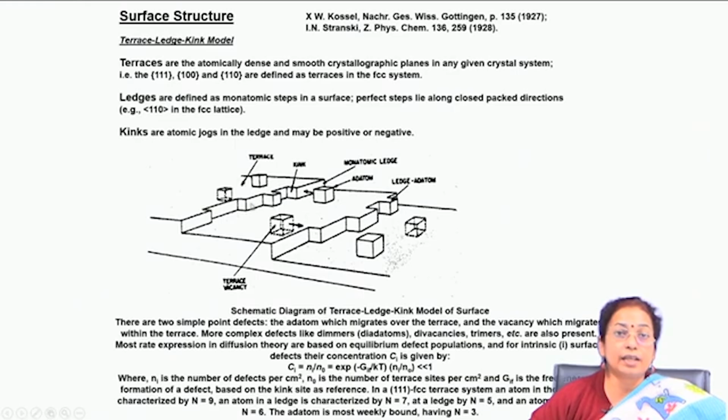And again in the ledge you will find that it is not continuous in nature. There are some atoms which are coming out, we call them adatoms, and some vacancies are also created over there. Some of the atomic arrangements which are deep inside, you call kinks. So, kinks and ledges are all there along that particular crystallographic plane.